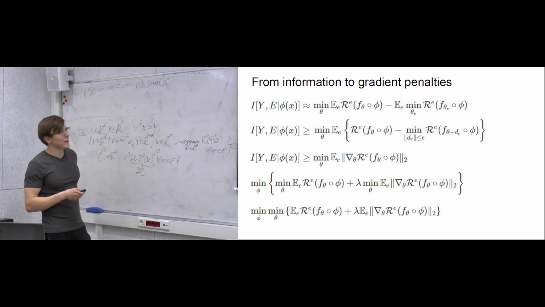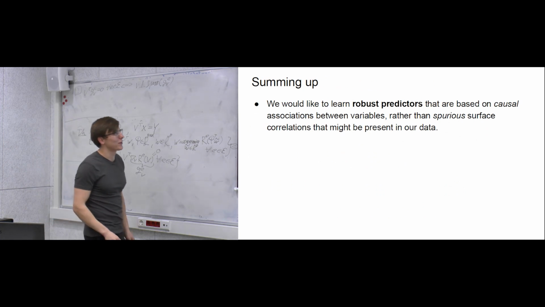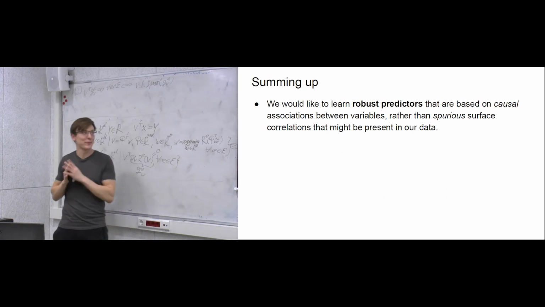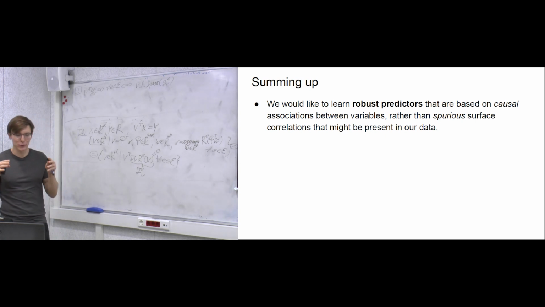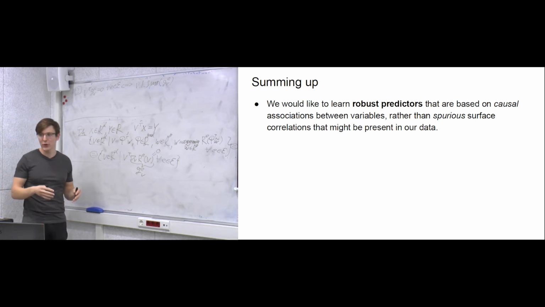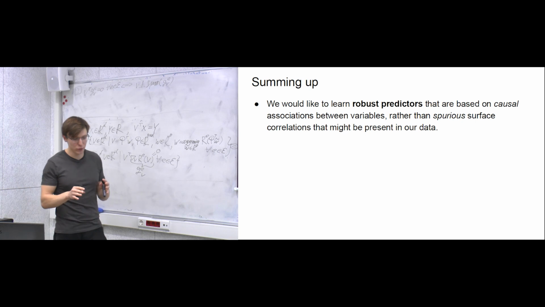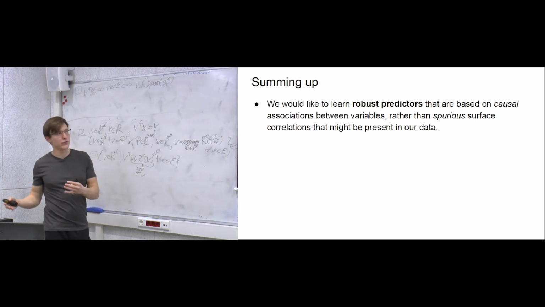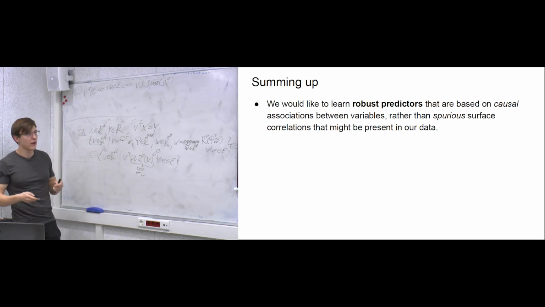Okay, so let's come to the summing up. We want to learn some robust predictors that are based on true causal properties of our data and do not pay attention to the spurious correlations that are present in our data.